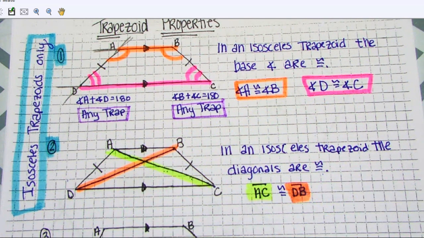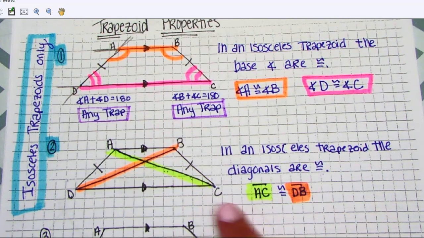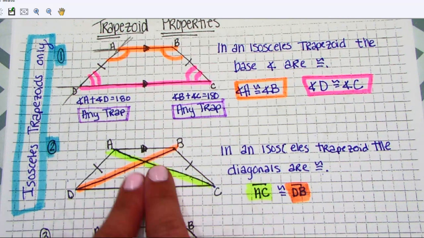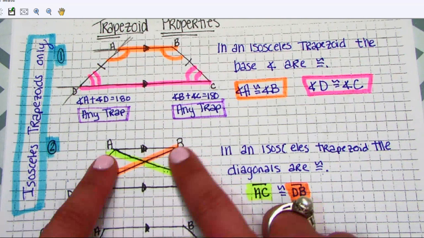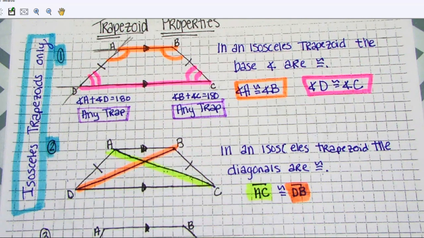Now, where they intersect, that's not a midpoint. It doesn't break it up into 4 equal parts like in a rectangle, but it does cut this whole thing in half and this whole thing in half. So like these two pieces are the same and these two are the same. And then AC as a whole is the same as DB as a whole.